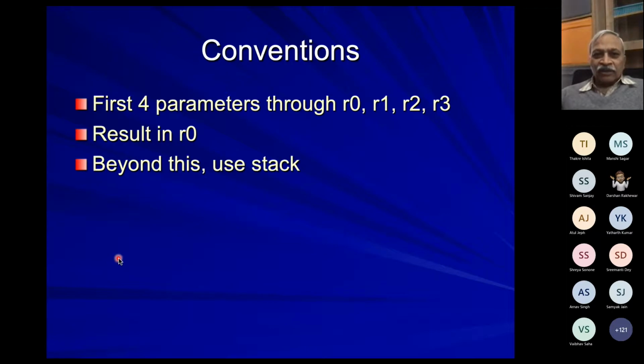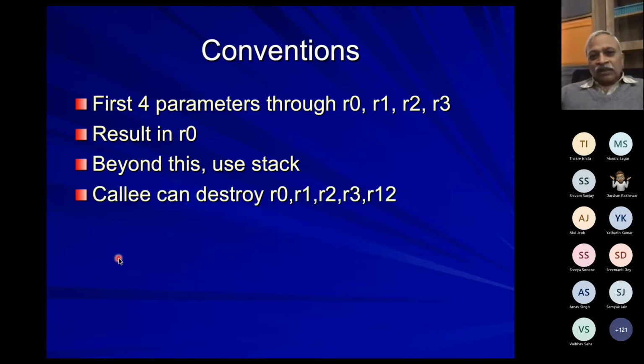Beyond this, if you have more values going into the callee and more results coming out, use stack. Also, the callee can destroy these registers R0, R1, R2, R3, and one more is kept in this list, R12.